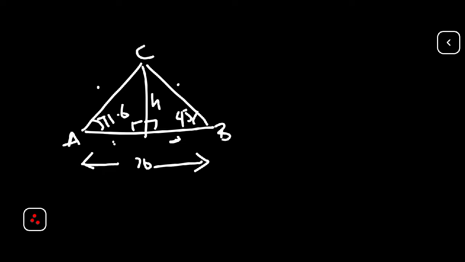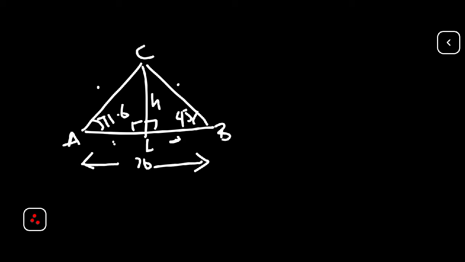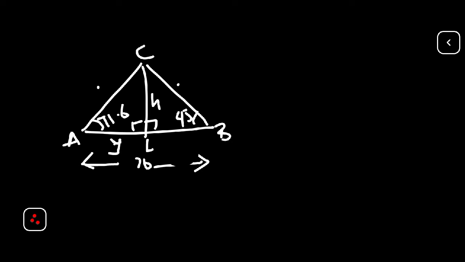Since they have given us a hint that A to B is 70, we can say that from A to the lighthouse, let's put L here, let's call A to L Y. That means L to B will be 70 minus Y.